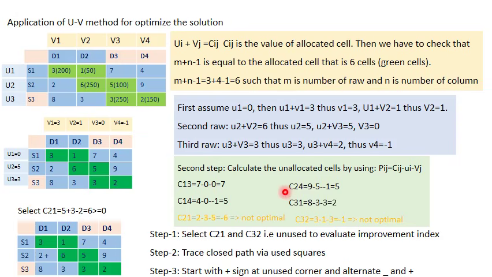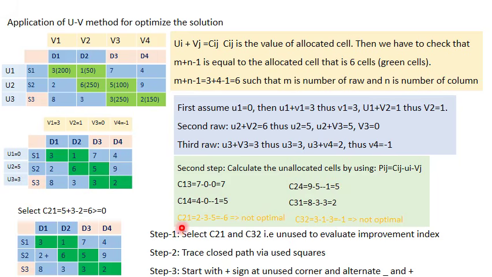For example, if we take C24, that means second row and fourth column, this one. C24 is 9, that is the cost, minus 5, minus 1, and the result is 5. And we calculate it in the same way.